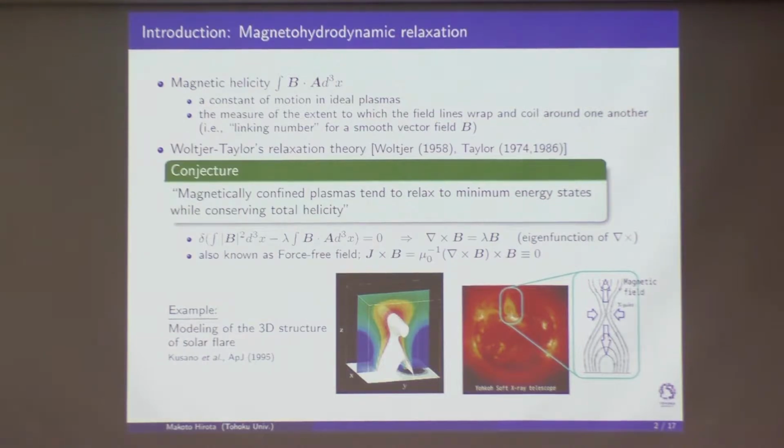For example, if you consider the solar flare, we typically observe this kind of magnetic field structure called a corona loop. And this structure is well approximated by this force-free field. This is a numerical result given by Professor Kusano. In this way, the relaxed state is actually observed in nature.